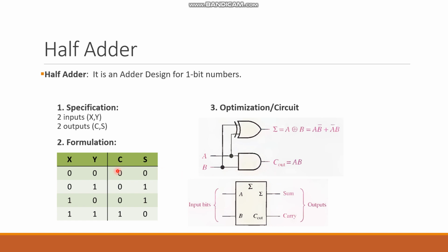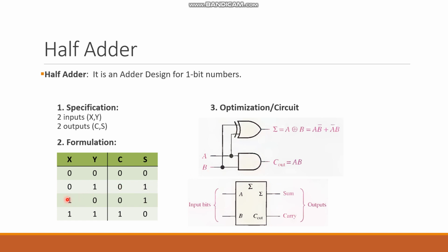Let's apply this truth table on that circuit. Let's say X is A, Y is B. If 0, 0: in the XOR it is 0, so the summation is 0. 0, 0 in the AND gate is 0, so the carry out is 0 as well. 0, 1: in the XOR it is 1, so the summation is 1, and 0, 1 in the AND gate is 0, so the carry out is 0.